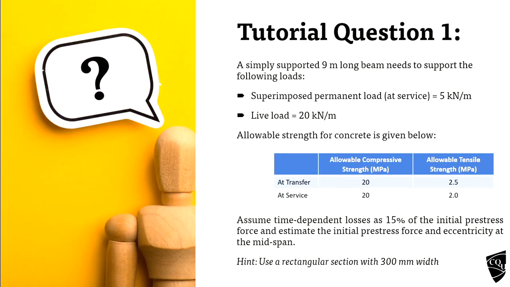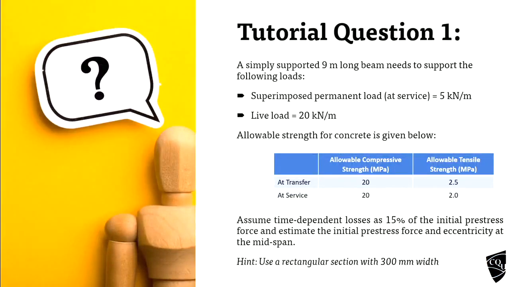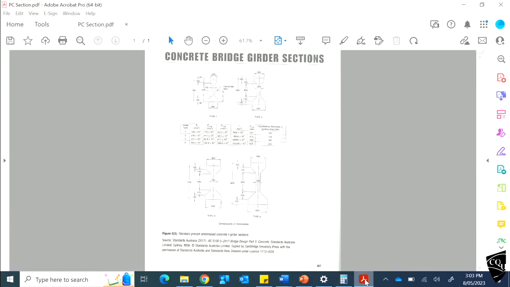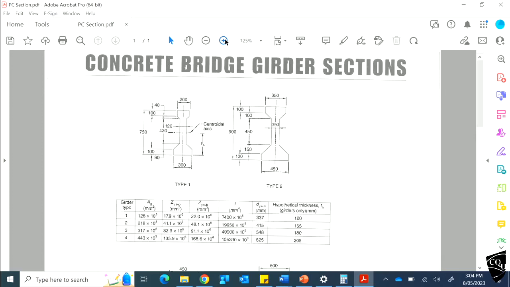So these are the I sections. These are the standard I sections we normally use in bridges.